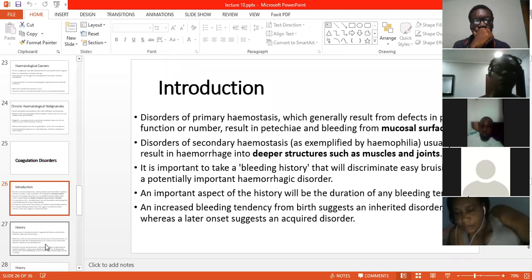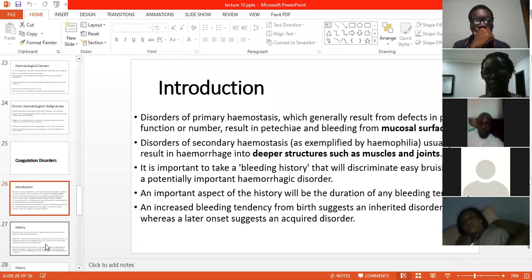That is called primary hemostasis. Then, after a while, the secondary hemostasis kicks in. That is where the clotting factors form the clots and then stabilize the clot. So that's secondary hemostasis.